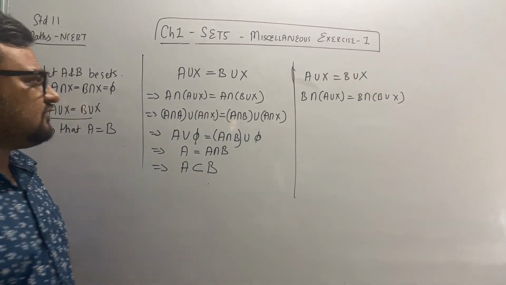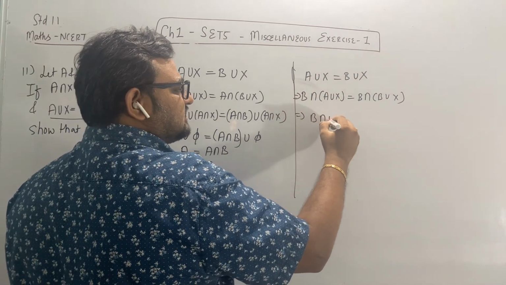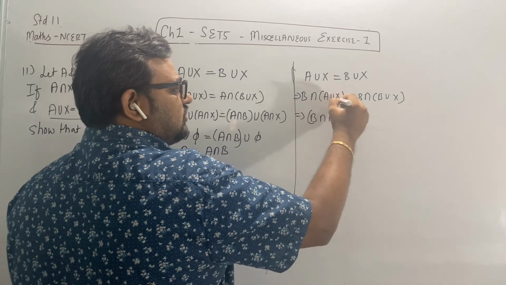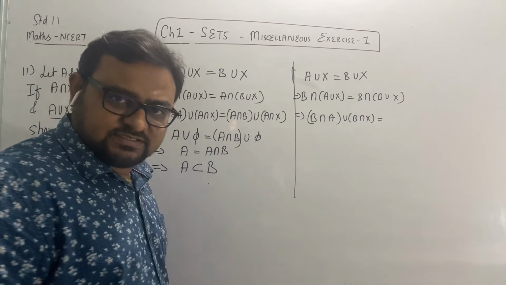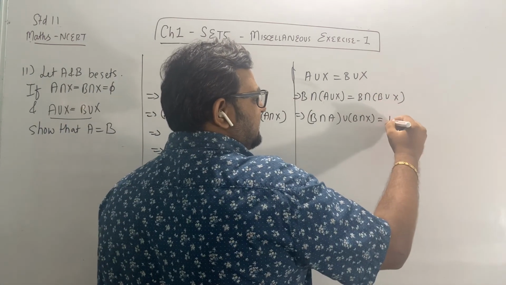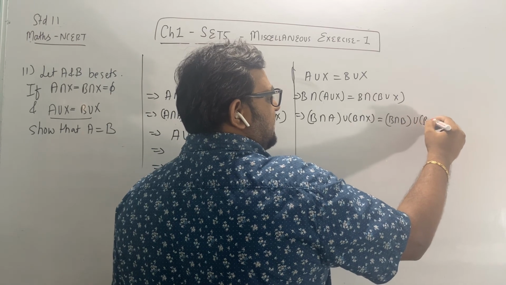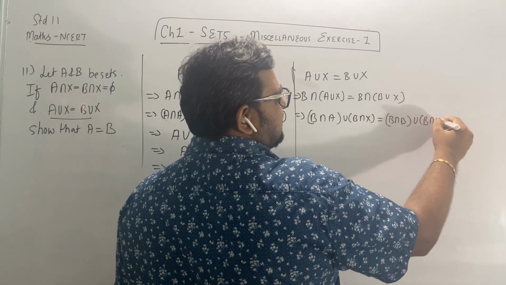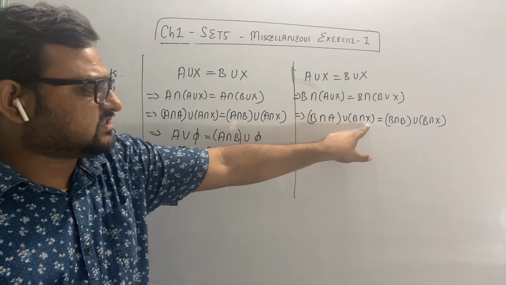Let's apply the law of distribution. B intersection A union B intersection X, same B intersection B union B intersection X. Now what is B intersection X? That is null set.